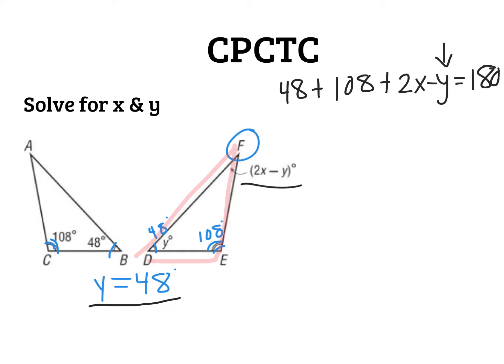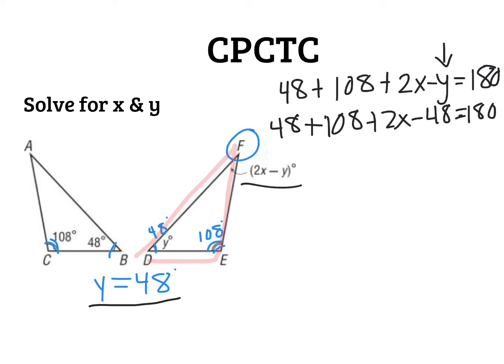I have 48 degrees plus 108 degrees plus 2x minus 48 should equal 180.